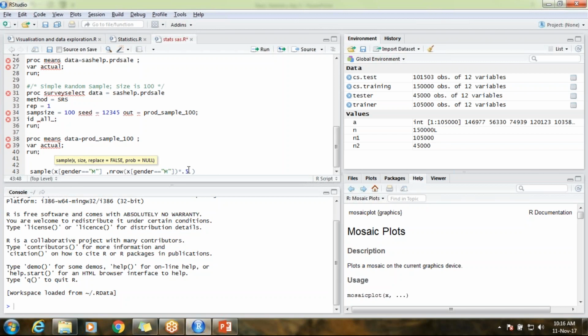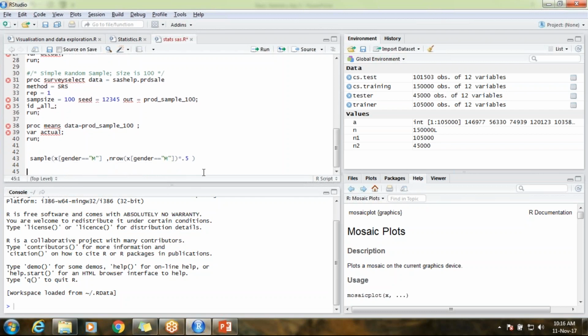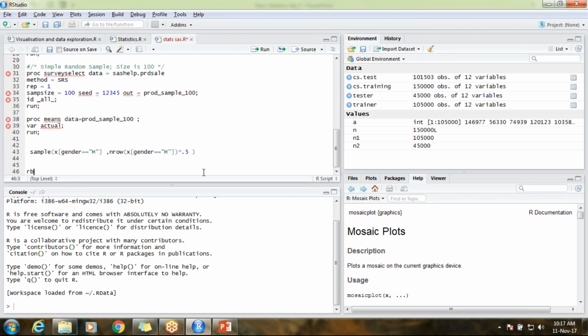So here what I'm doing is, these are the number of rows with gender equal to male, and from there I'm taking 50% of the population. This is how I can get 50% of the male rows, and similarly for female I can get that. And what I can do is I can then rbind both of them.